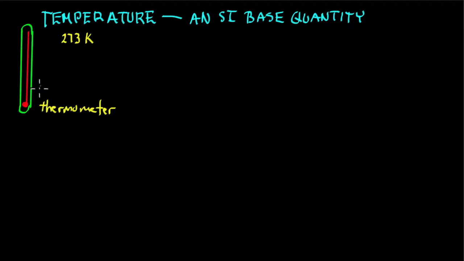And we can simply put a mark on this thermometer. The mark put on it is when you put it in an ice bath. We call it the ice point. And we then put it in boiling water, and we call it the boiling point.